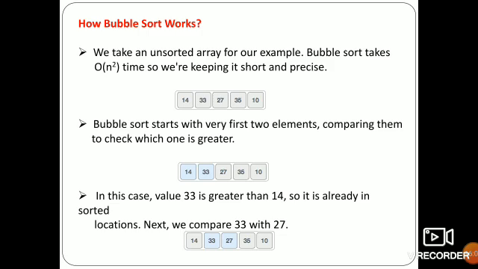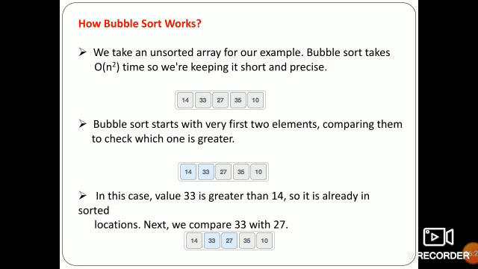Bubble sort starts with the very first two elements, 14 and 33. We compare which is the largest one. 33 is the largest, so there is no need to swap; we keep it there.